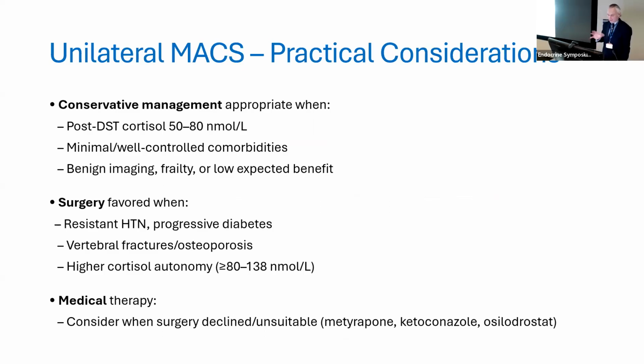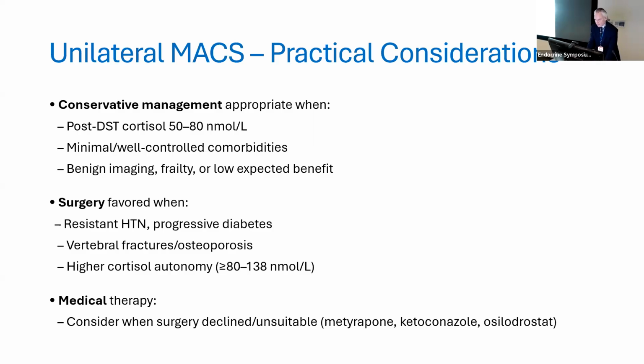what I said earlier, from what we know from the data so far, from the retrospective studies, it seems appropriate to offer patients conservative management if they have very mild autonomous cortisol secretion, with a post-dexamethasone cortisol level of 50 to 80 or 30 to 80, or minimal comorbidities, and also if they are frail, or they probably wouldn't benefit from surgery.